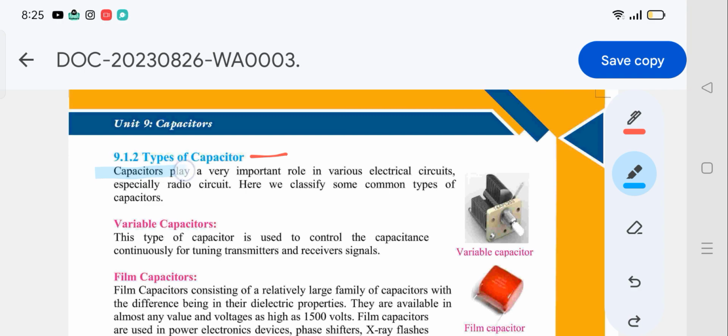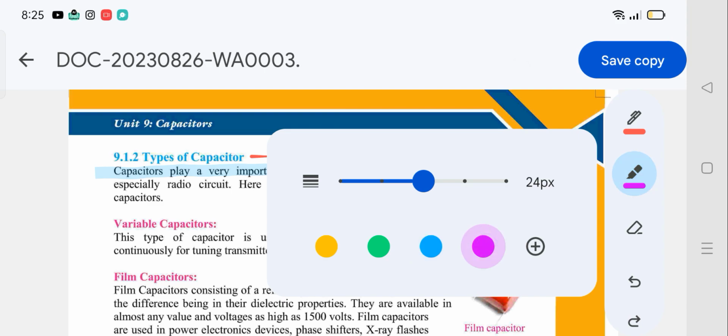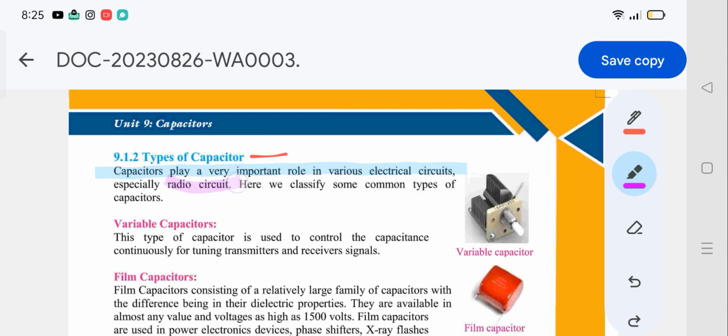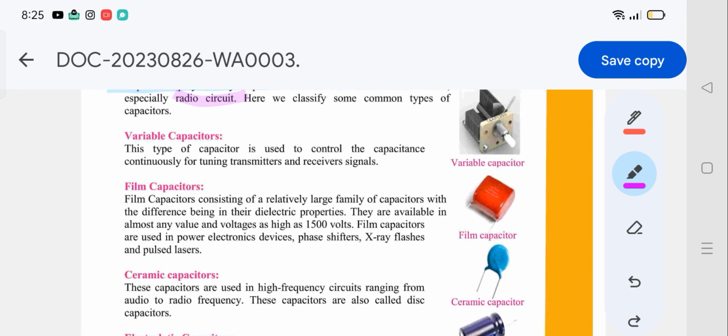They play a very important role in various electric circuits, right? Very basic English, it is understandable to everyone, especially radio circuit, right? So they have given one important term as well, especially radio circuit. Here we classify some common types of capacitors. So we have four common types of capacitors given below.